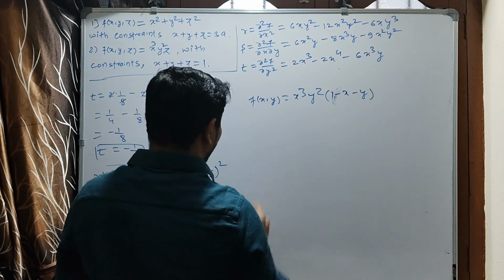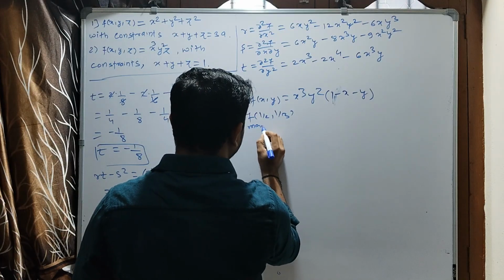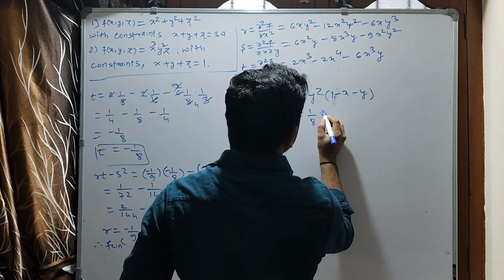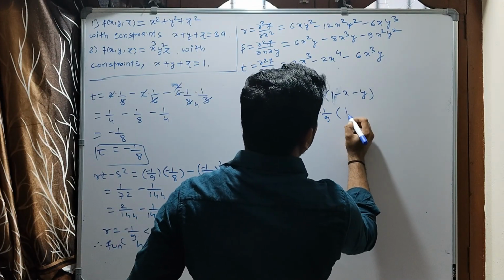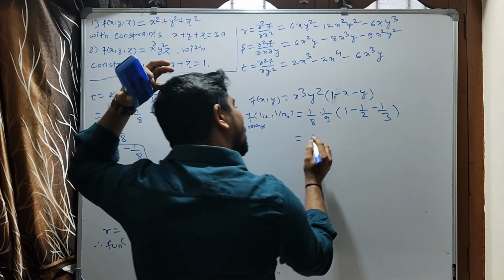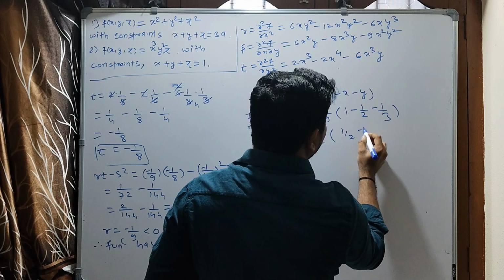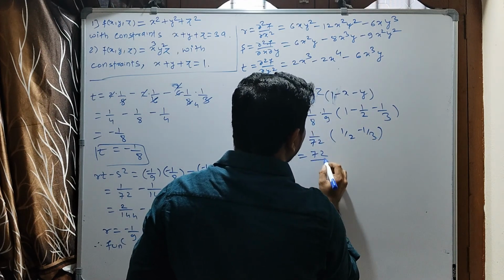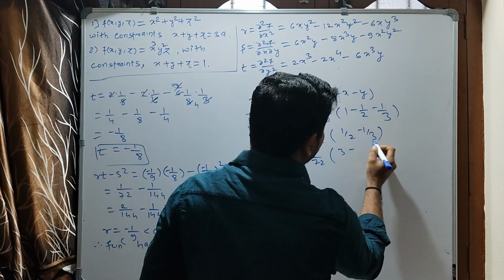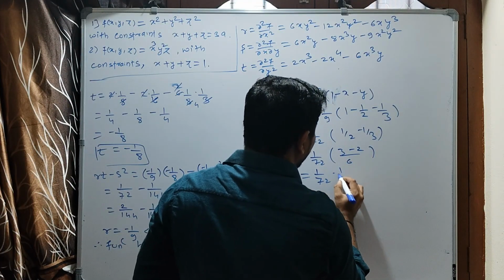So here at 1 by 2 comma 1 by 3, that is maximum of your function at 1 by 2 comma 1 by 3, which is equal to 1 by 8, 1 by 9 in bracket 1 minus 1 by 2 minus 1 by 3, which is equal to 1 by 72 into 3 minus 2 by 6, which is equal to 1 by 72 into 1 by 6.